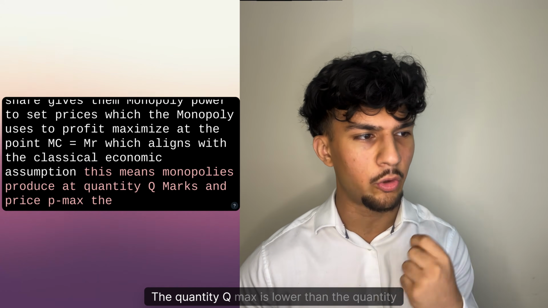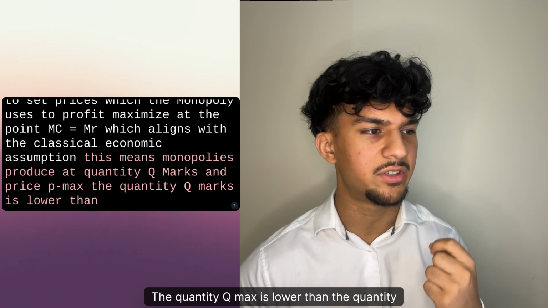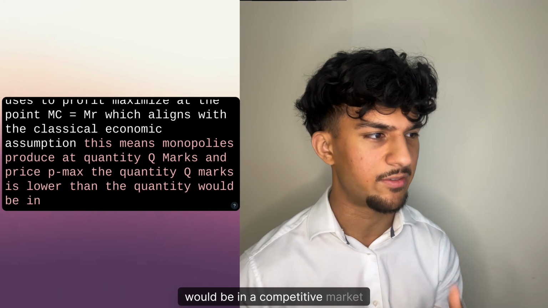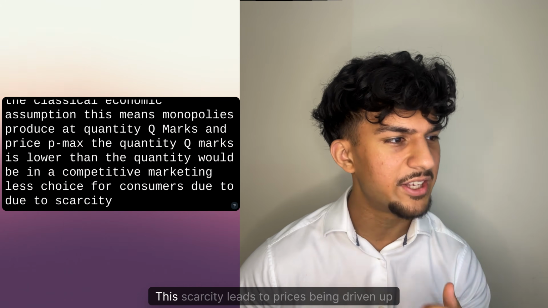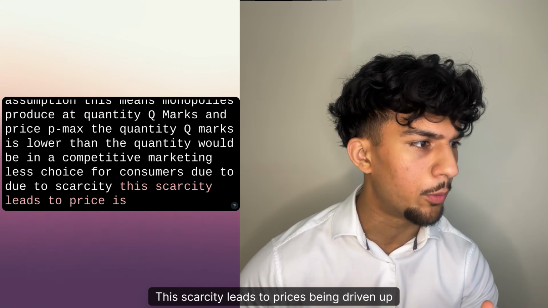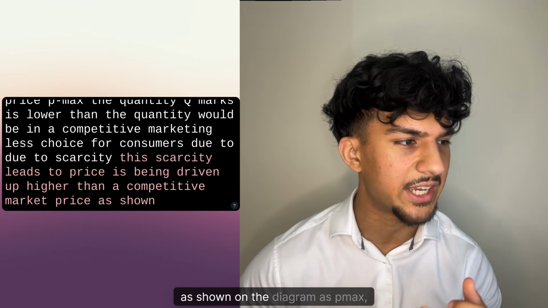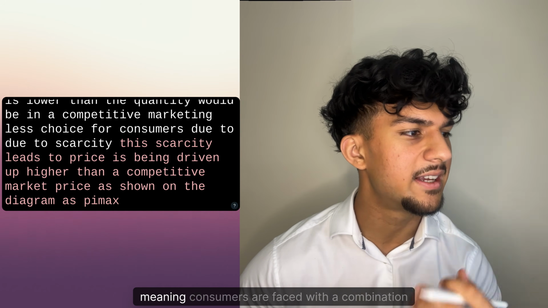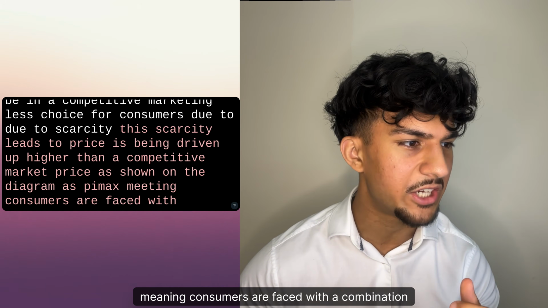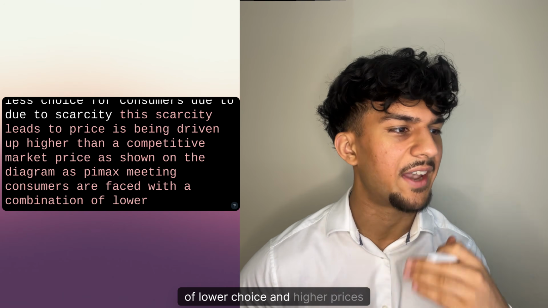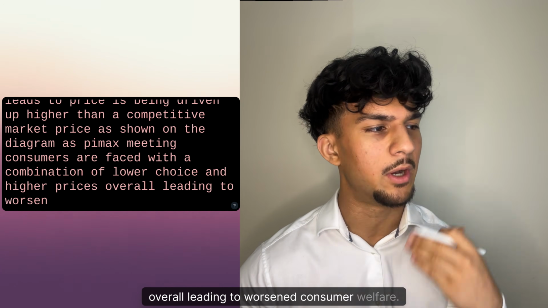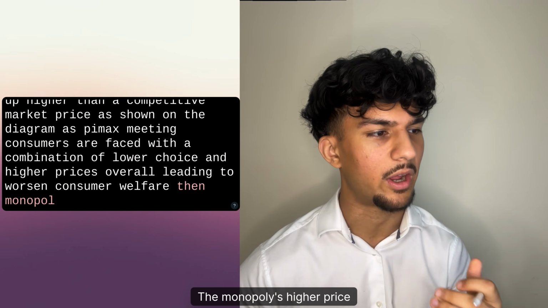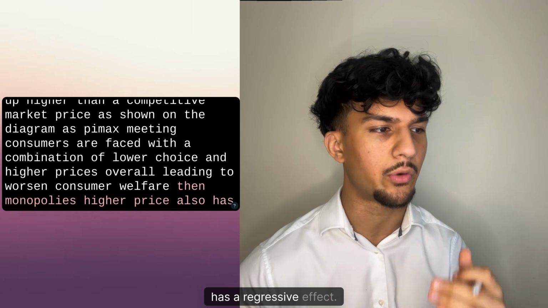The quantity Q max is lower than the quantity would be in a competitive market, meaning less choice for consumers due to scarcity. This scarcity leads to prices being driven higher than a competitive market price, as shown on the diagram as Pmax, meaning consumers are faced with a combination of lower choice and higher prices, overall leading to worsened consumer welfare. The monopoly's higher price also has a regressive effect.